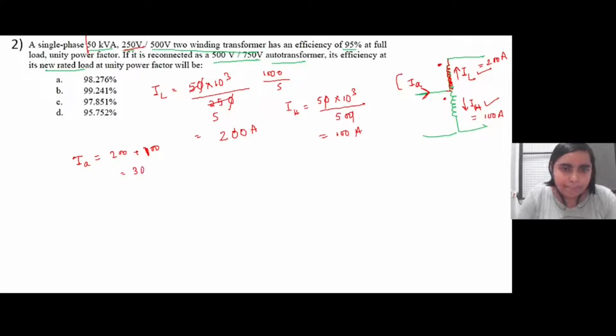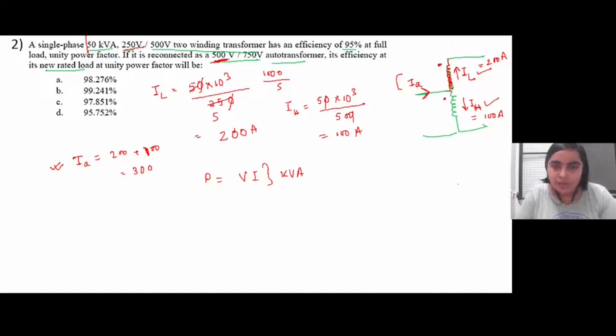Now we have the rated current in the primary side, and we also have the voltage. So we can calculate the power rating, right? So if we are to calculate P, it will be V into I in kilovolt ampere. We can calculate this, the total power.